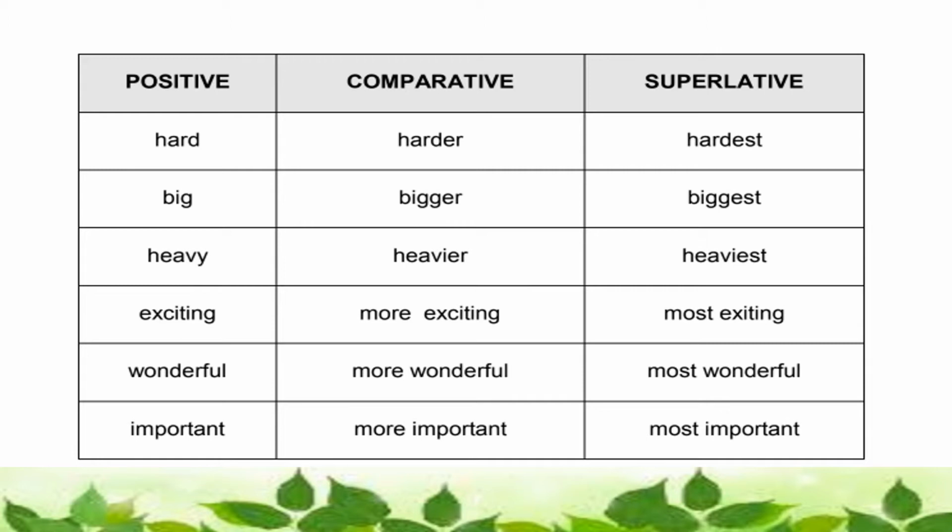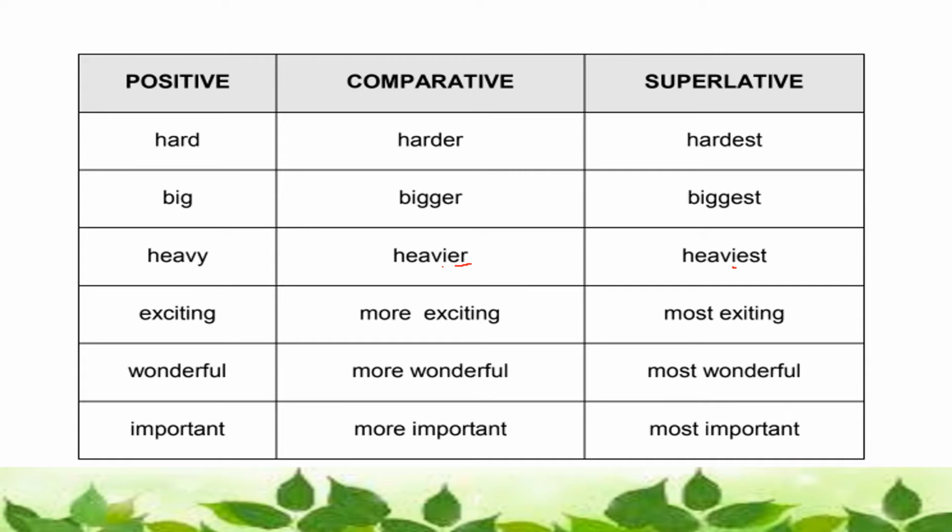So we change the y to i and we add er for the comparative, and change y to i and we add est for the superlative, for the 2 syllable word.